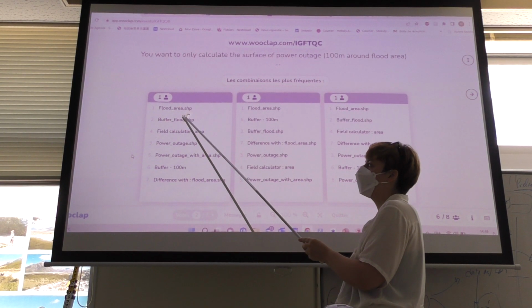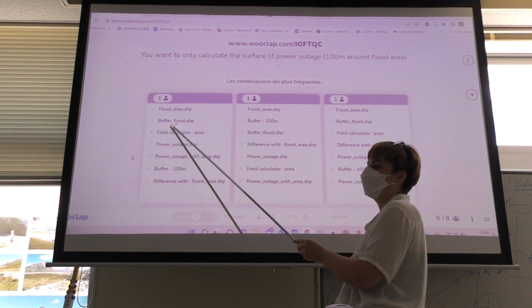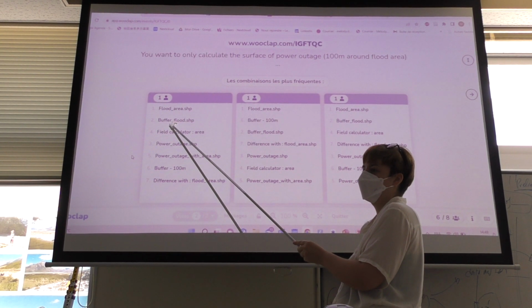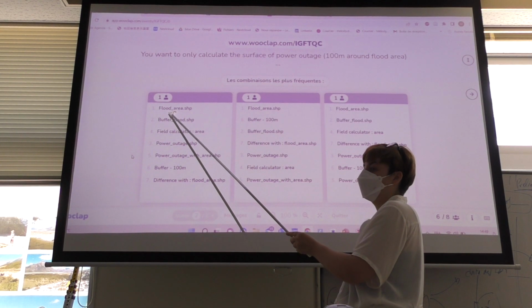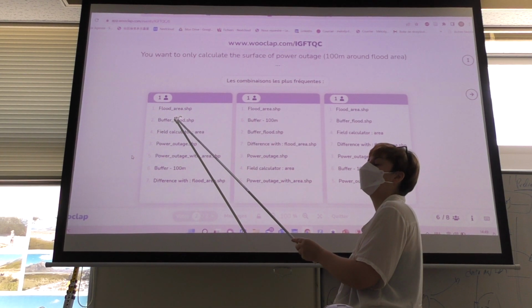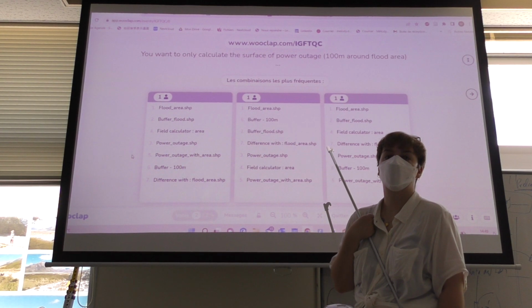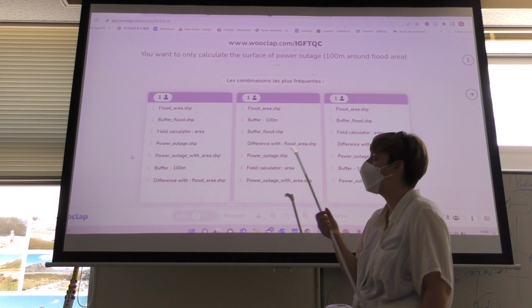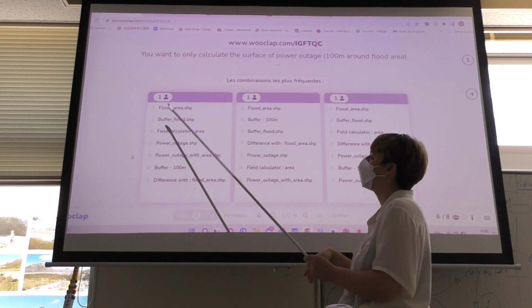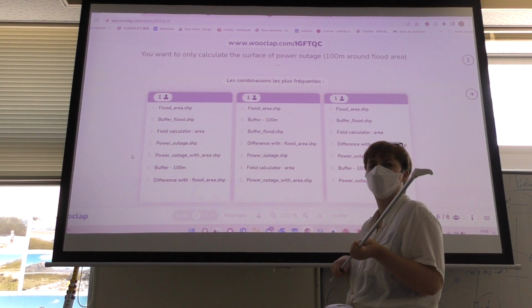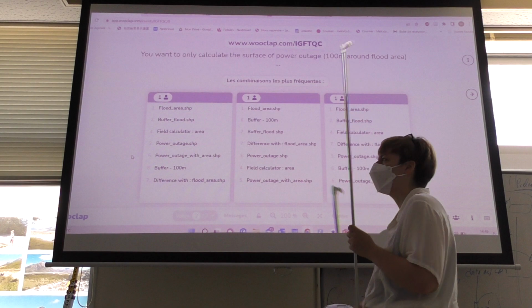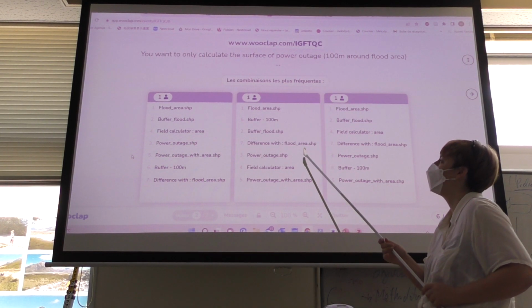So we have a source layer and a result layer. Okay? But we need something between. What do we need? The treatment. Okay?